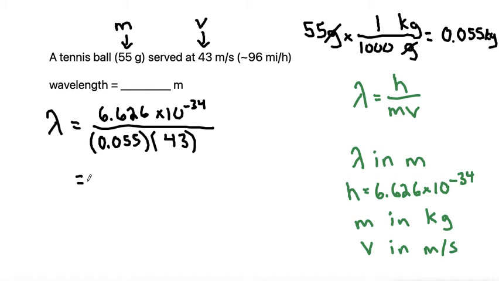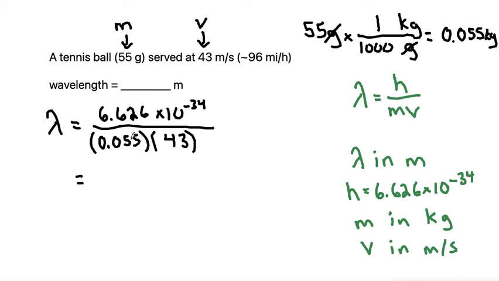Okay, so from here it's calculator work. We need to do 6.626 times 10 to the negative 34. We could multiply these numbers together first, but if you want to do it all in one in your calculator, you would divide by 0.055 and then also divide by 43.